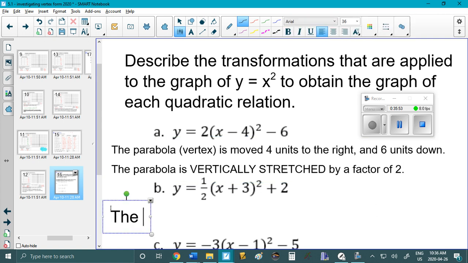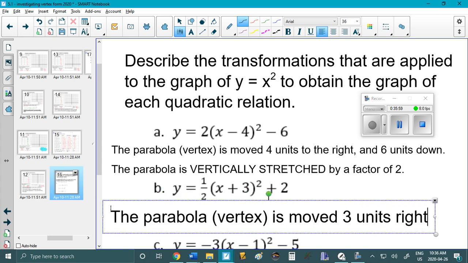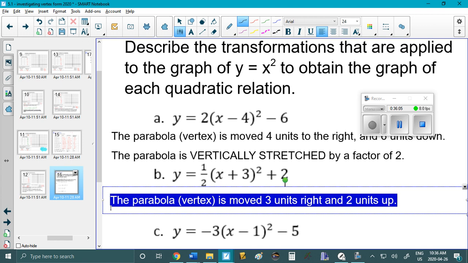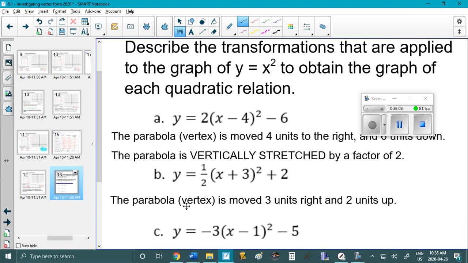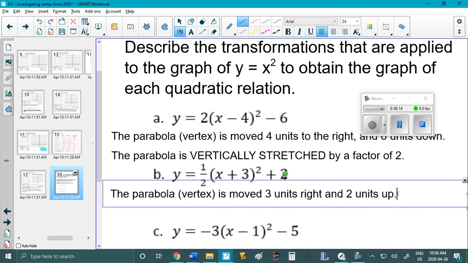Let me do the next one with you. The parabola vertex is moved 3 units right and 2 units up. And that's because the value in brackets there is, we have +3 in brackets. That means that the new vertex is -3.